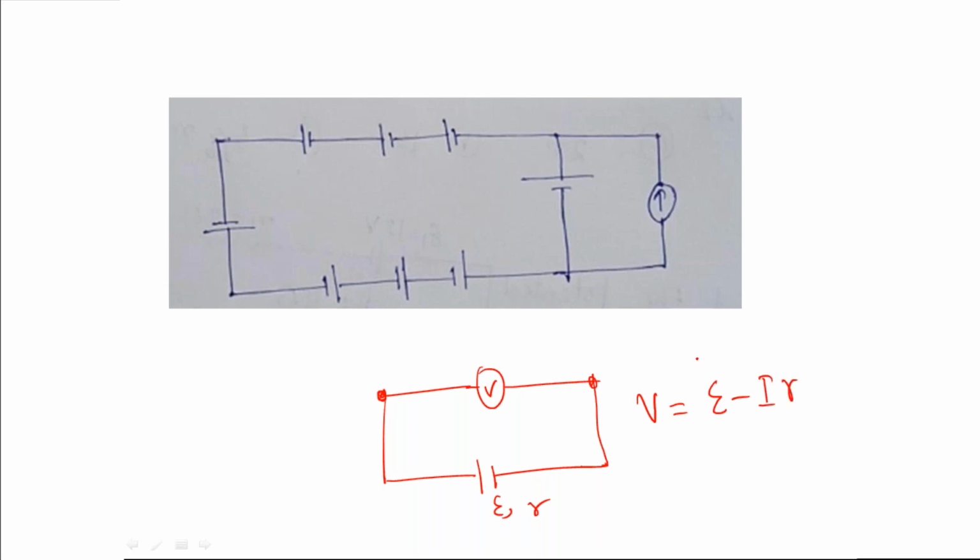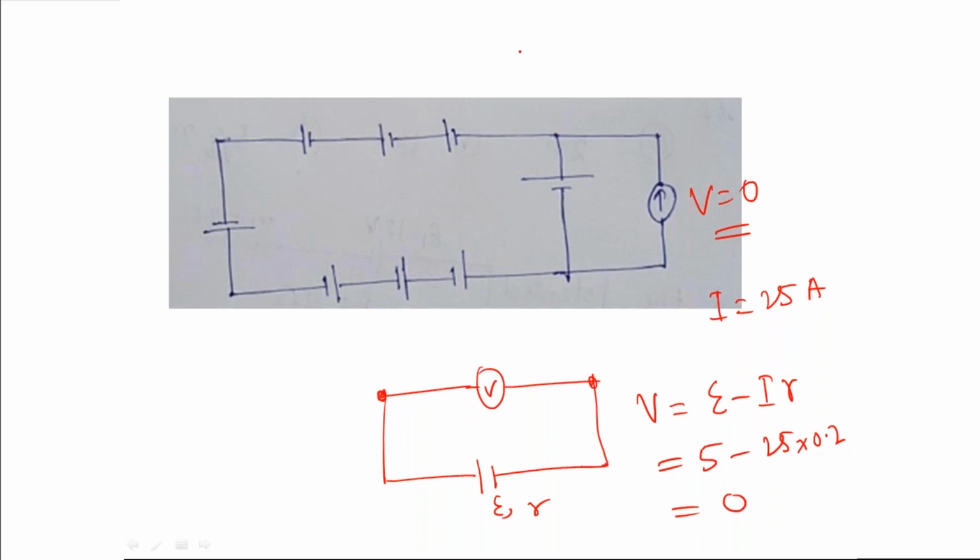As I told, this will be the terminal potential, that is V is equal to E minus I into internal resistance. E I know is 5, I is 25 and this is 0.2. So what you get is 0. What is the reading in this voltmeter? V is equal to 0.